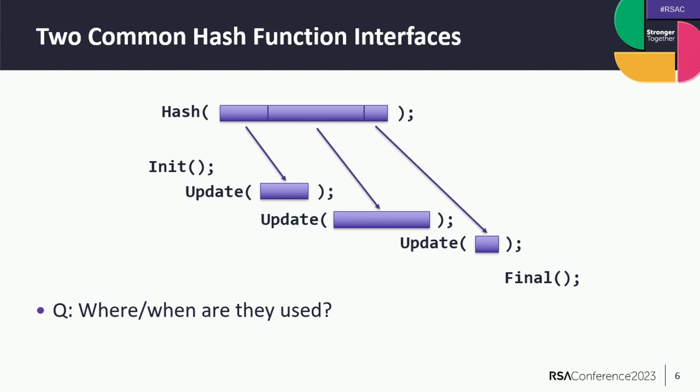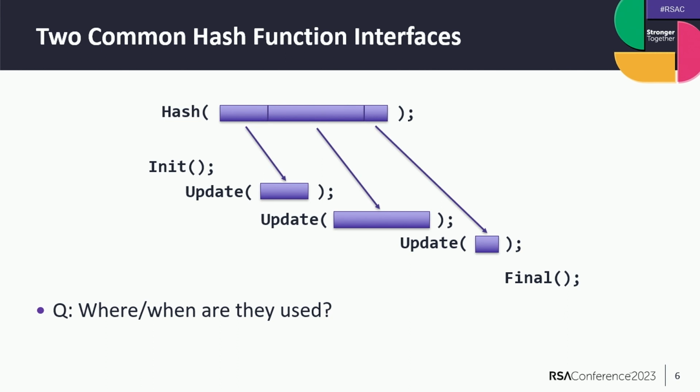Usually people would say, well, clearly update is what I need to do if I have a large amount of input, because then I can do it in smaller blocks. But that's not necessarily the case, because whether your input is large or small, you can just pass it on to the function. It shouldn't matter what the size is, just let the underlying logic deal with splitting it into blocks.